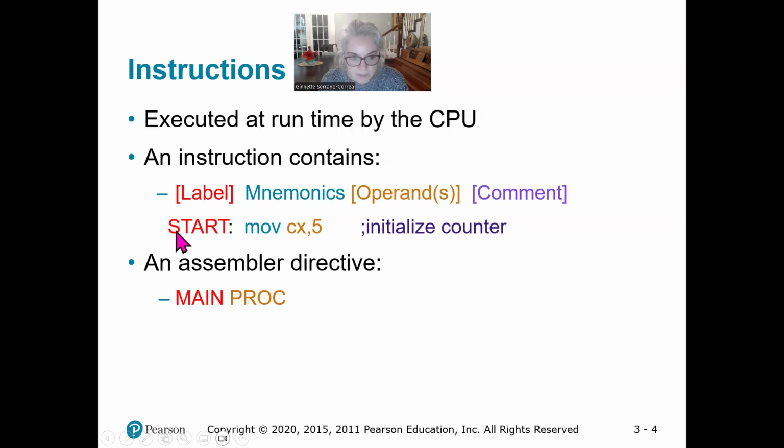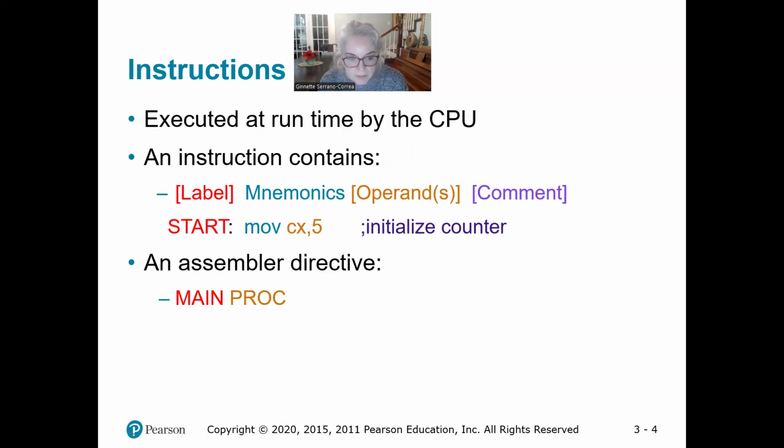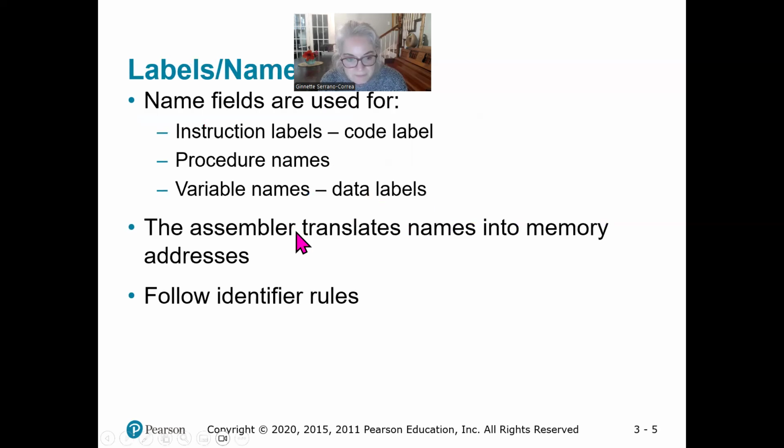This would be a code label right here, start. The assembler will translate names into memory addresses. So this whole move statement right here will get a memory address. Variables will get memory addresses. So there's certain things that get memory addresses and certain things that do not.